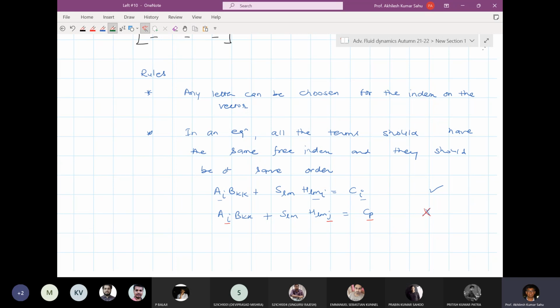I mean you can add two vectors, but you cannot add a vector with a scalar, or a vector with a second order tensor. So that's what I mean by saying they should be of the same order. Okay, third one.